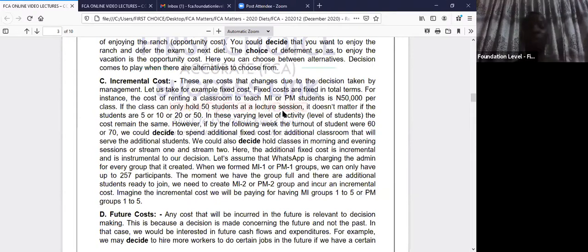Assuming that's an assumed figure. Now, if the students increase to 10, that cost is fixed. Students increase to 50, that cost is fixed. Increase to 99, increase to 100, we will still incur that cost.